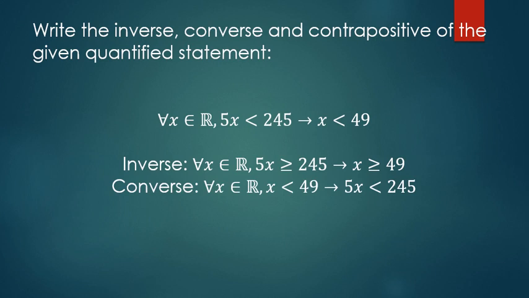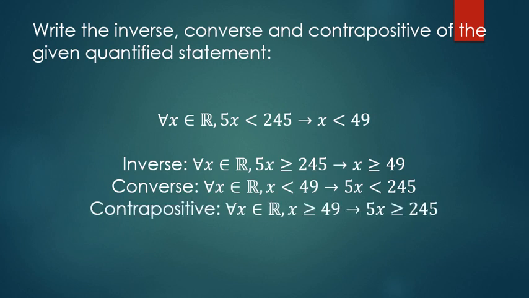And then contrapositive, you're given P implies Q. You switch the places of the two to give you Q implies P, and then you take the negative of each of those two things, giving you not Q implies not P. And what you get with that for this given statement is for all x in R, x is greater than or equal to 49, implies 5x is greater than or equal to 245.